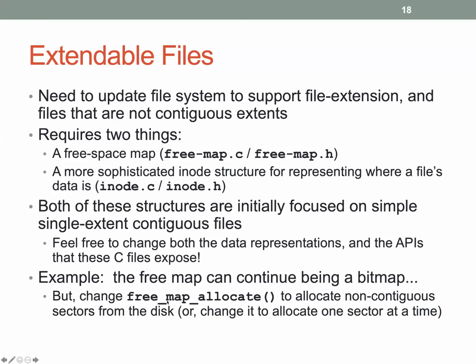The free map, as an example, can continue being a bitmap, but you probably want to change free map allocate to only do single sector allocations, because free map allocate also can allocate chunks of sectors, and you will need to support individual sector allocations pretty much universally going forward. Okay.